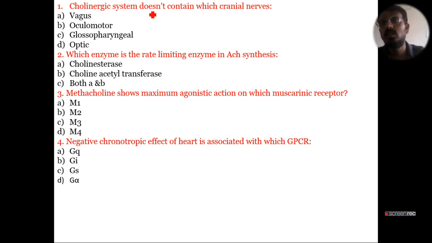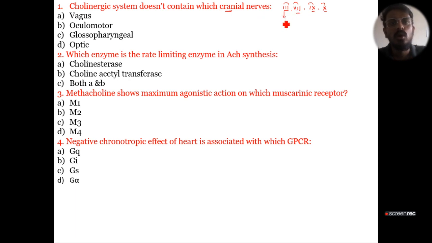So the first question is, the cholinergic system does not contain which of the cranial nerves? As I told you by means of a cartoon, of all the 12 cranial nerves, the 3, 7, 9 and 10 are associated with your cholinergic system.